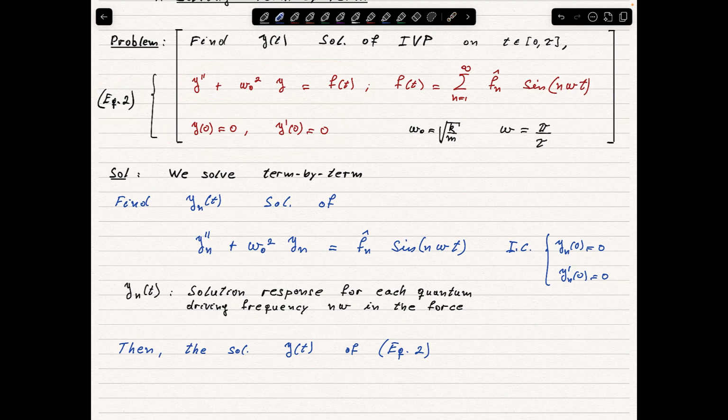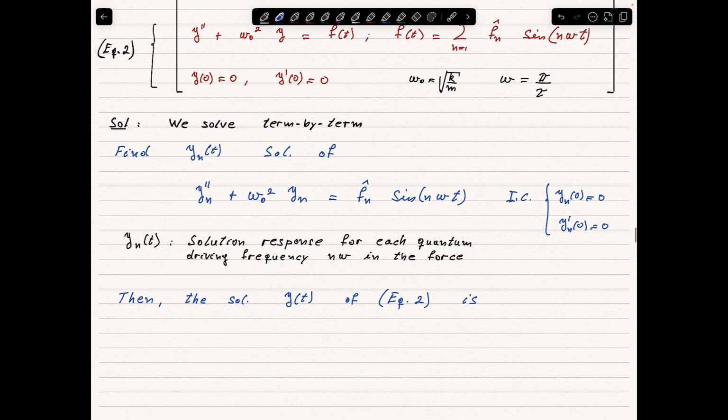The solution of that equation is nothing more than the addition of these individual responses. It's going to be nothing more than y of t is going to be the sum from n equal 1 to infinity of these individual responses. So that's the idea of solving term by term.